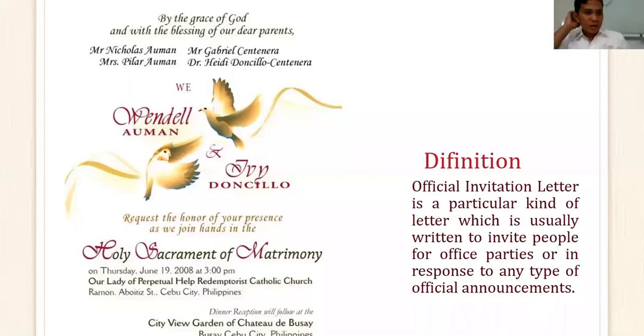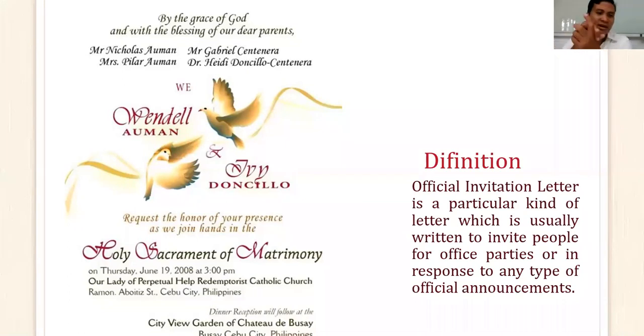Okay, so the formal one is conducted by formal parties, for office parties, for example, or official announcements.